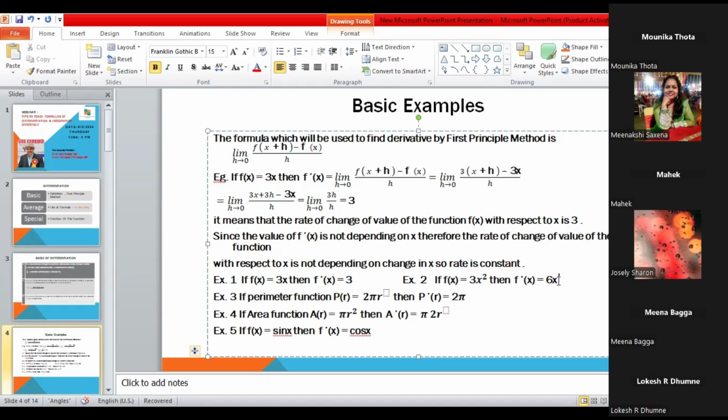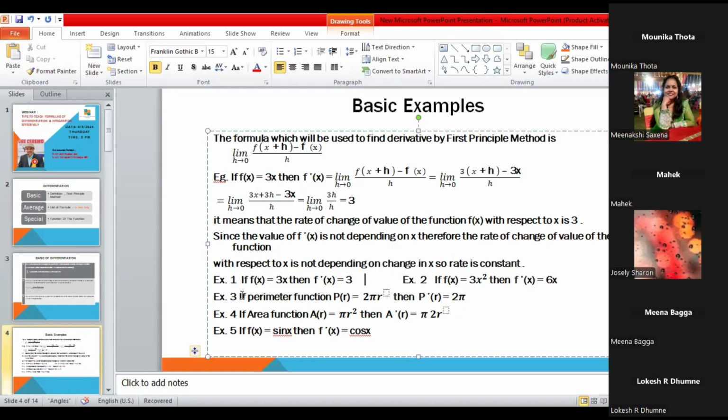So here the derivative depends on x, while in example number 1 the derivative is independent of x. These basic examples convey a very important point: the derivative of one variable with respect to another sometimes depends on the independent variable, and sometimes it is a constant.